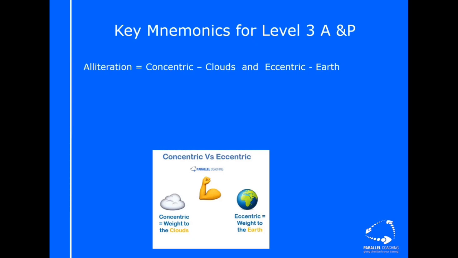A way to remember that is that the concentric phase is when the load, so that's your body or the barbell, is going towards the clouds. And then the eccentric phase is when the body or the load is going down towards the earth. You can use this alliteration to help you remember that concentric goes to the clouds, eccentric goes to the earth. And this just shows how easy it is to remember quite complex topics using something like alliteration.